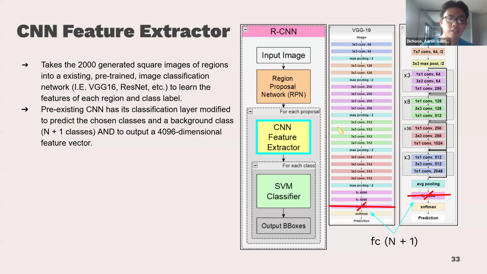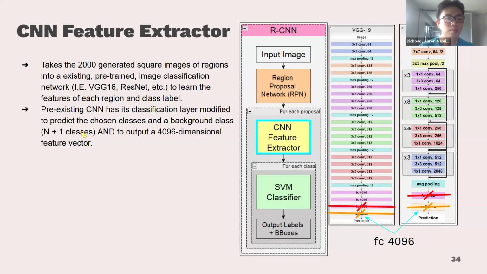And what's special about this is that they actually modify the architecture of the existing models as well. So instead of having their last layers, which are responsible for predicting classes, they modified it to allow them to predict the specific classes that they have and one extra class for the background. And it takes that and then it turns it into a feature vector that has 4096 dimensions.